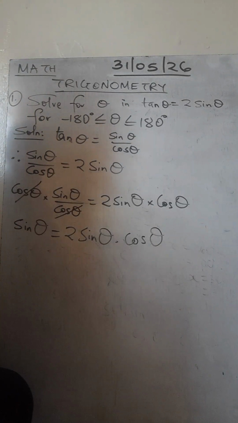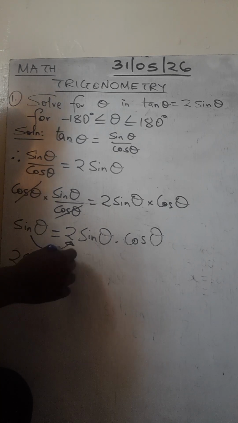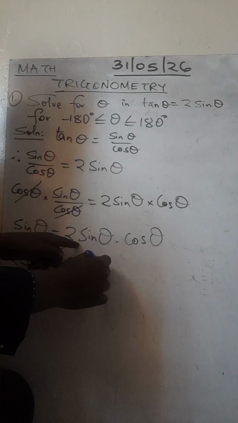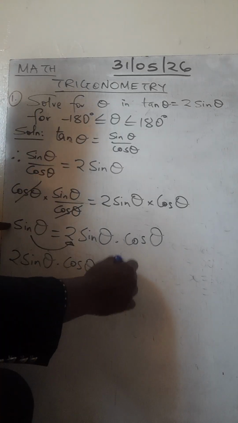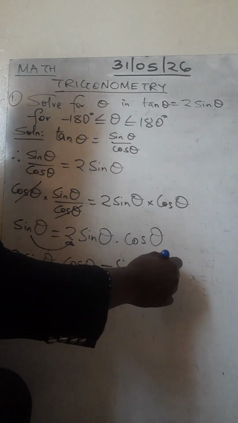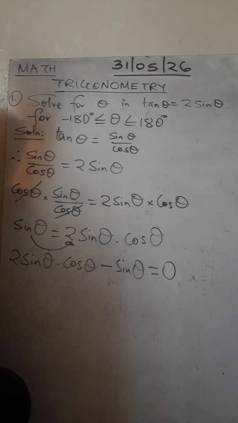You can rearrange it in such a way that we have 0 on this side. So 2 sine theta cos theta, this one comes this side, it will be minus sine theta, and on this side we are left with 0.